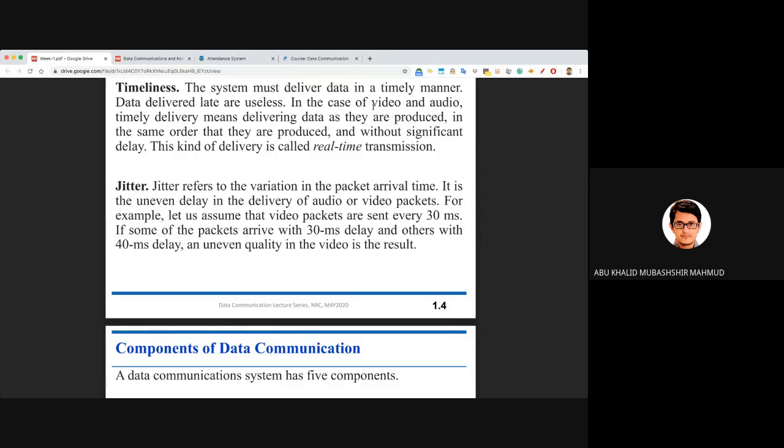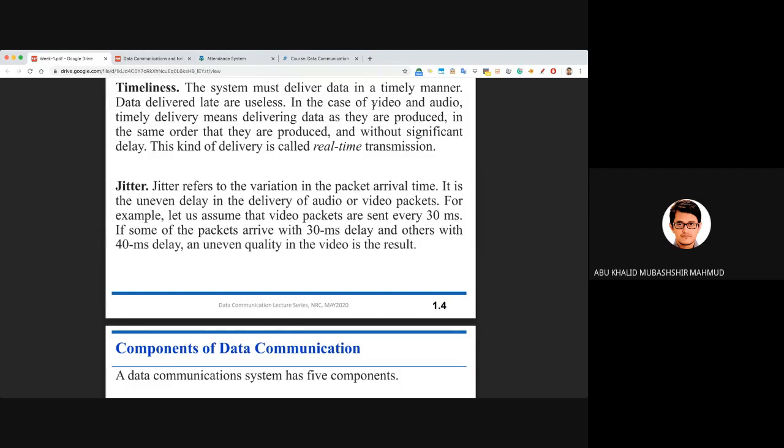Now, the last topic of effectiveness, jitter. Jitter refers to the variation in the packet arrival times. It is the uneven delay in the delivery of audio or video packets. For example, let us assume that video packets are sent every 30 milliseconds.